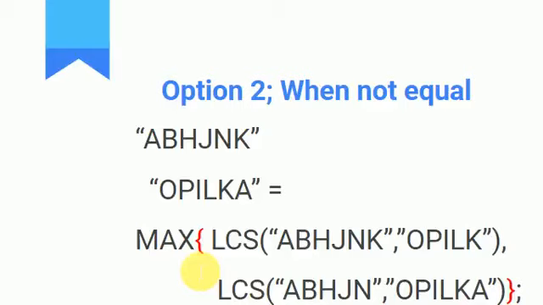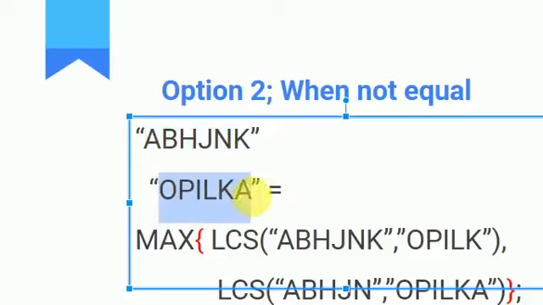Let me repeat again. When the two letters are not equal, just ignore the K, consider this substring comma this entire string, and try to find the longest common subsequence. You will get one answer.